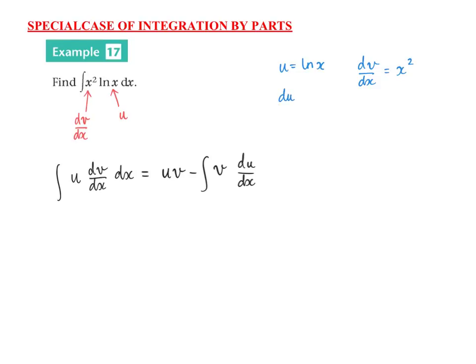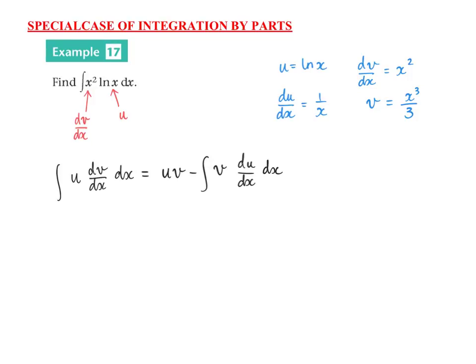So if we differentiate ln, we get 1 over x, and if we integrate our x squared, we get x cubed over 3. But you'll see this will work out quite well, because we get a bit of cancelling when we come back to this integral here. It'll actually help us, because we'll be able to do some simplification with the algebra. Should be a dx on there.